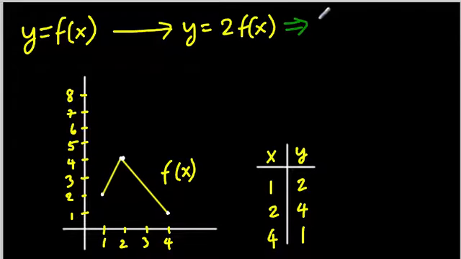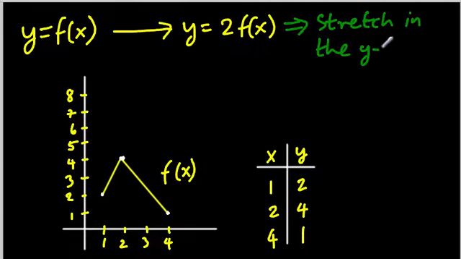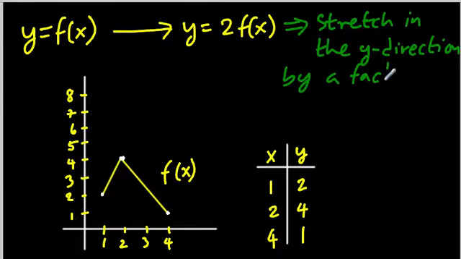Here we'll say this is clearly a stretch in the y direction, since it's affecting the y's by a multiplication factor of 2. It's very important that you say by a factor.